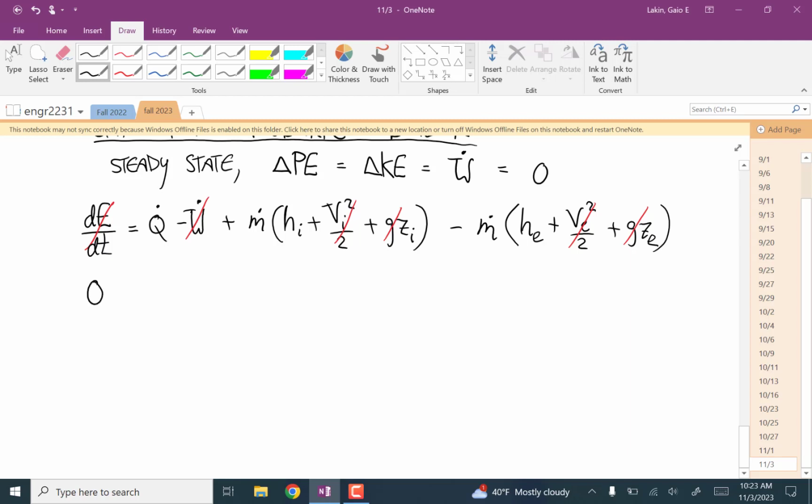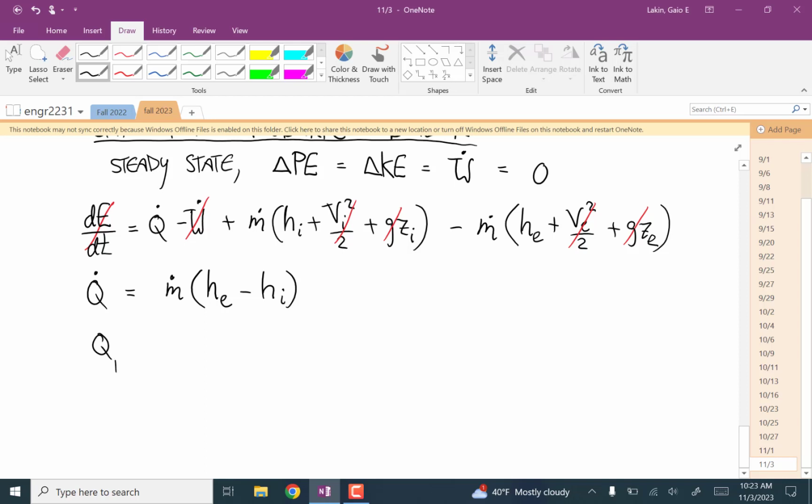And we get that Q dot is equal to M dot times the quantity HE minus HI, moving the H stuff over to the other side of the equation. Now you have to think about the direction of the heat. At the boiler, heat is coming into your working fluid, into your system. That agrees with the first law sign convention, so we don't have to change the sign this time.